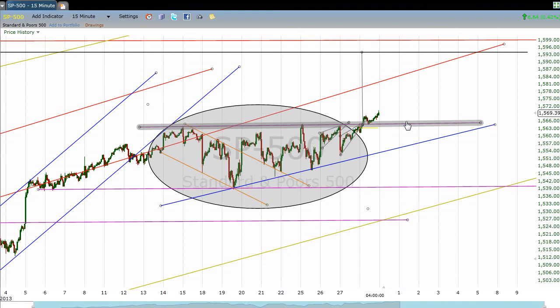So the fact that we're dealing with a little bit different pattern here may tell us that we're not quite as strong, really, as what this looks like.